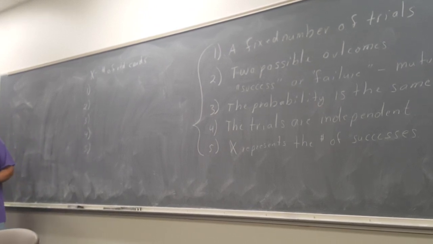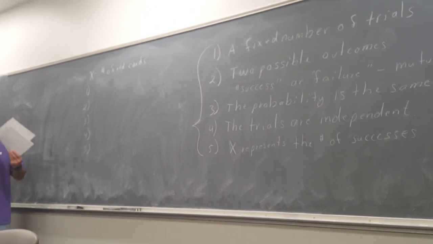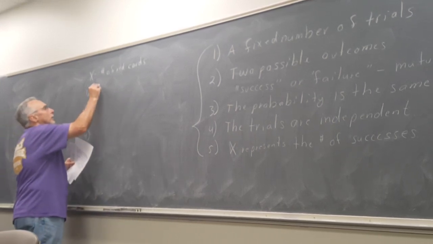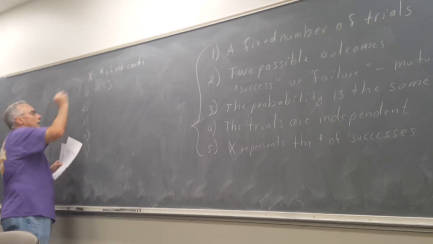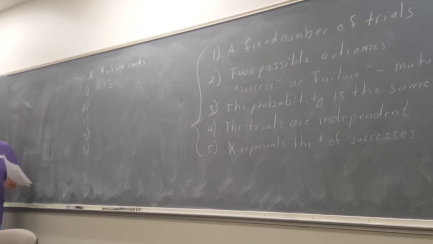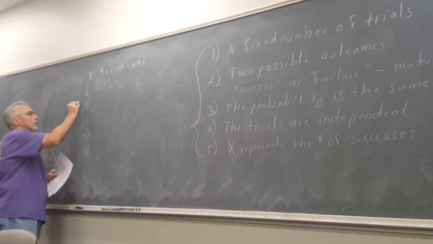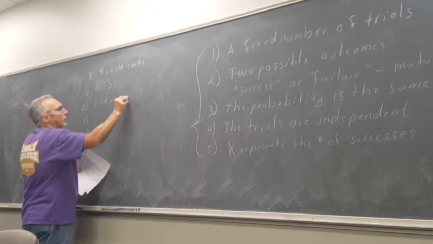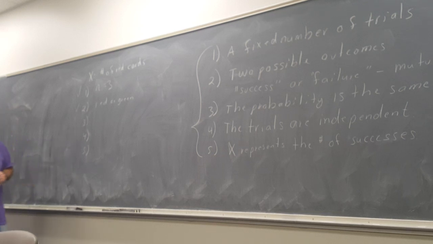Okay, so on the second example, do we still have a fixed number of trials? Yes. Which is 3. So n is still 3, so we're good. Number 2, 2 possible outcomes. Yes. So that's good. 3. The probability is the same on each trial.